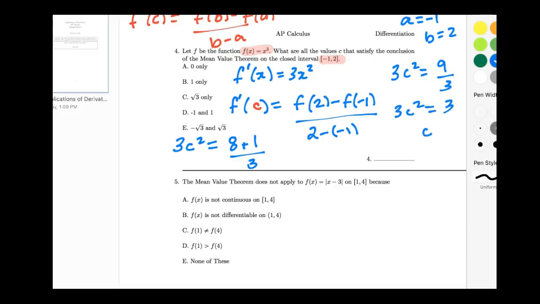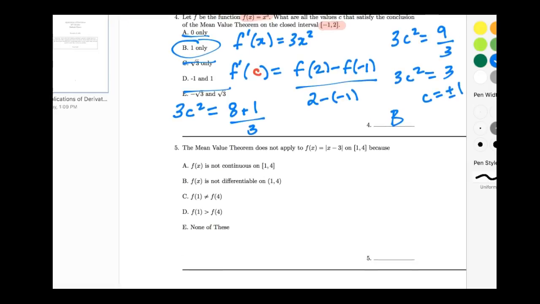Solving this, you get c equals plus or minus 1. But remember, the mean value theorem is on the closed interval, but it's differentiable on the open interval. So it's going to eliminate some choices. It's down to b and d, but because you have to be on the open interval, it's only going to be b.